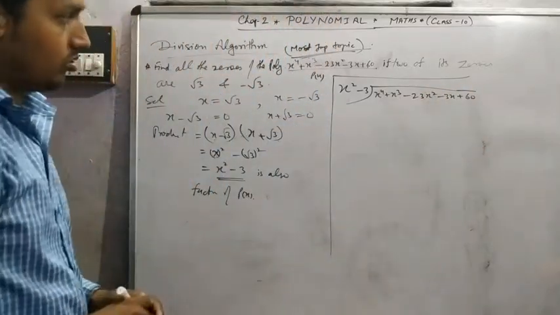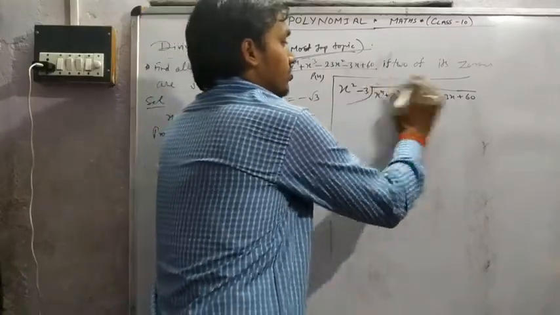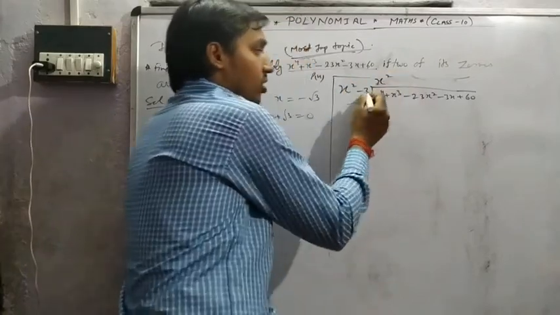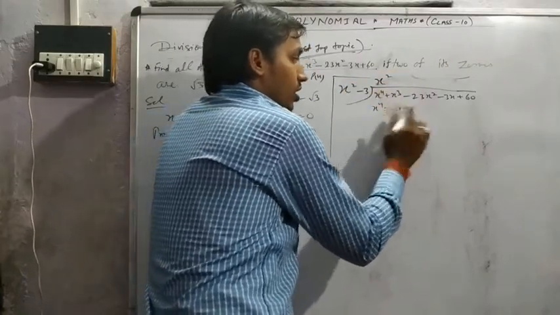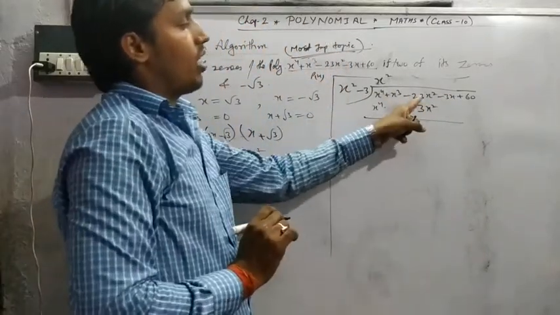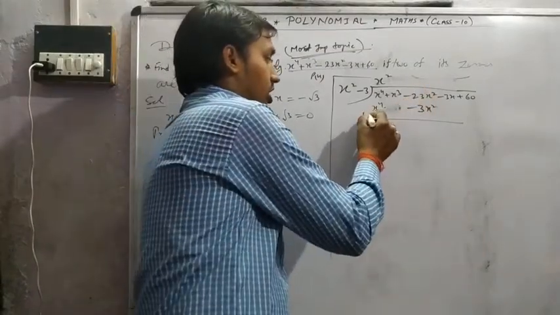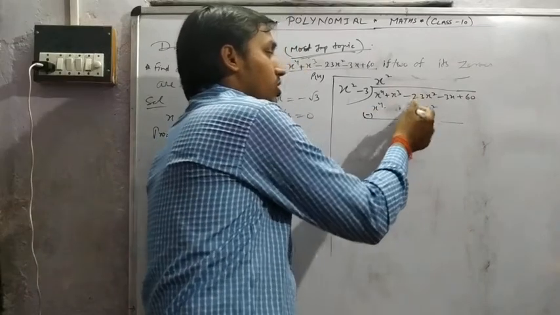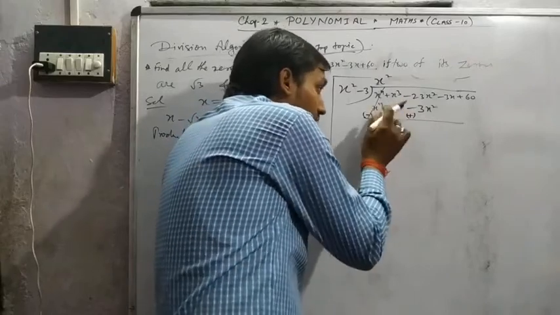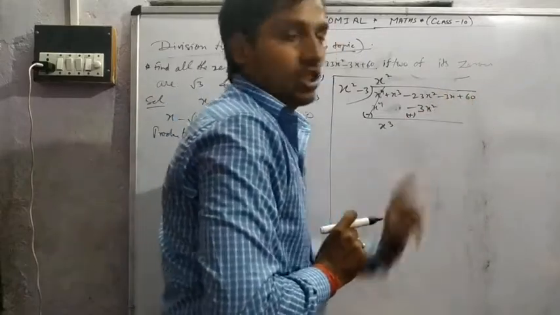So divide how many times? x square times. x square means x to the power 4 minus 3x square. So we write down 3x square with minus 23x square because like terms. Change the sign. Plus changes to minus, minus changes to plus, that cancels out.